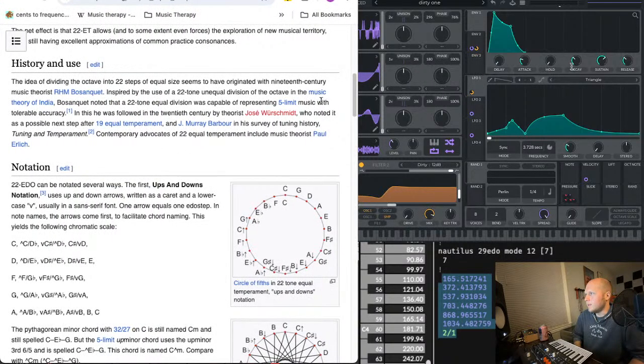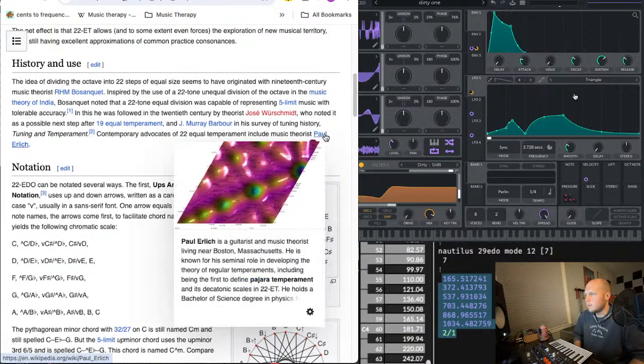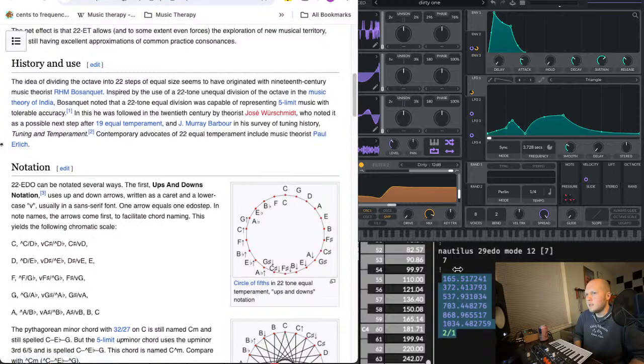Which, yeah, that's a limitation of 12 equal. It's okay, but it's not great at 5-limit. It's really only good at 3-limit. Possible next step after 19 equal. Contemporary advocates include music theorist Paul Ehrlich. That guy runs the Microtonal music group.